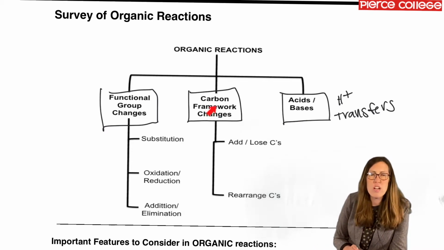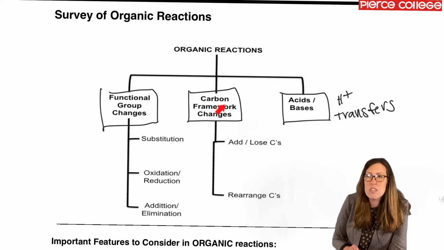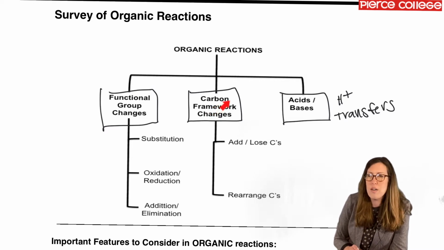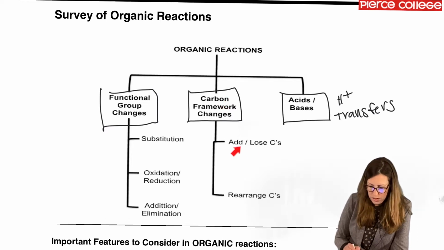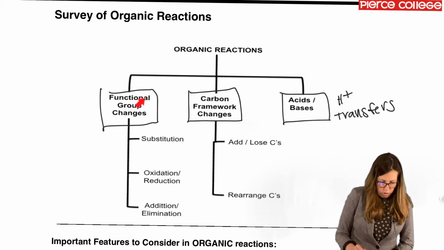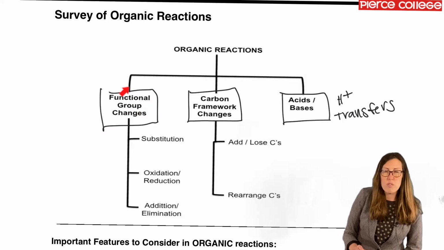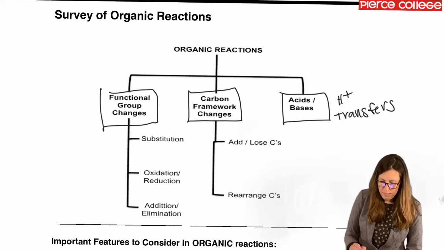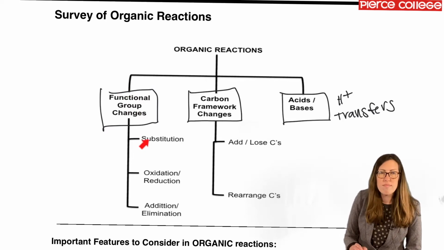Maybe they changed the carbon framework. So the carbons are now in a ring, or they are longer or shorter. All right, so you could add carbons, lose them. You could rearrange them, right? Or we could do what's called functional group interconversion. We change the functional group. We swap out one group for another. Substitution.